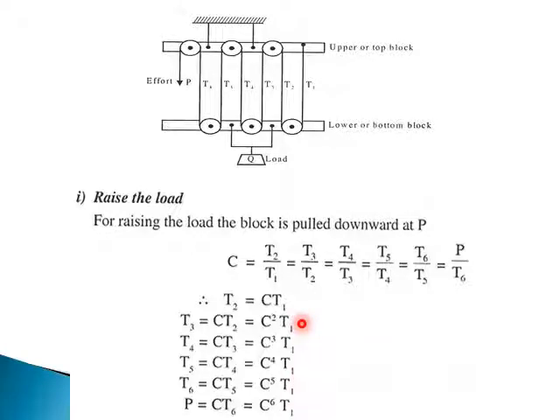So this is how you get the ratios. P is equal to C T5, which is C to the power 6 into T1.